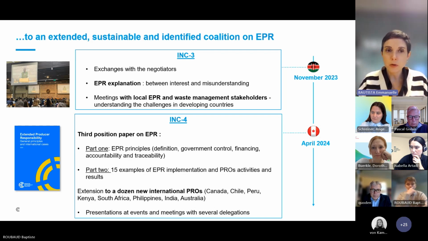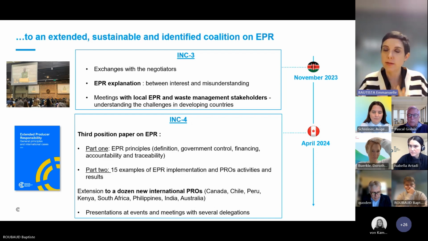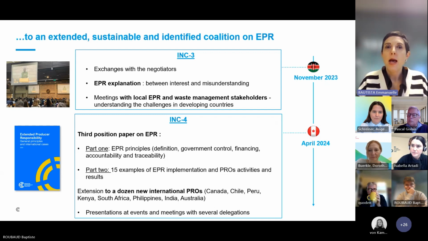This new position paper is divided into two parts. The first one deals with the main EPR principles. It's not exhaustive, but the idea was really to concentrate on the main EPR principles: definition, government control, financing, accountability, and traceability.